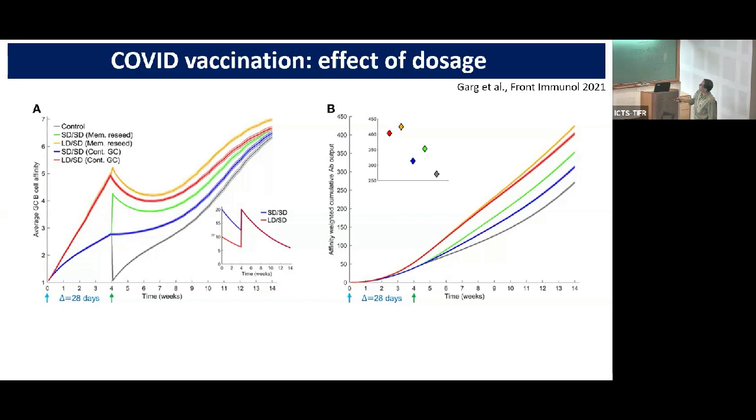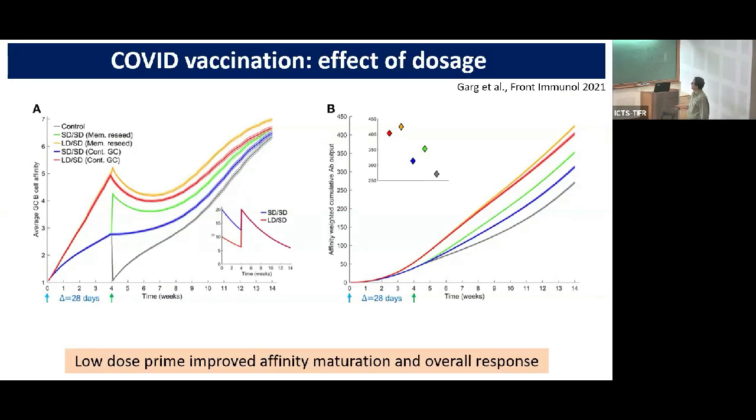And in this case, if you continued the GC instead of seeding the GC with memory cells from the past germinal center, you again got better responses if you started out with a low dose, right? So this is just telling you that if this framework were true, if you account for many more germinal centers, the diversity of the responses, etc., there might be a way in which you can use these ideas to begin to tailor the doses to produce optimal responses.